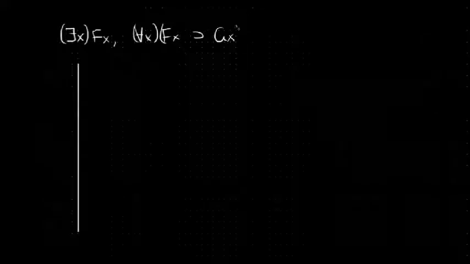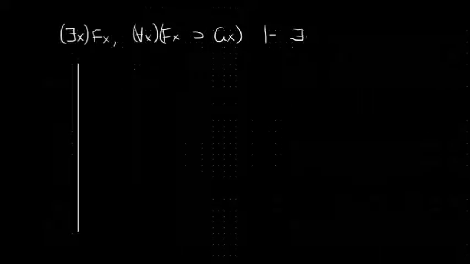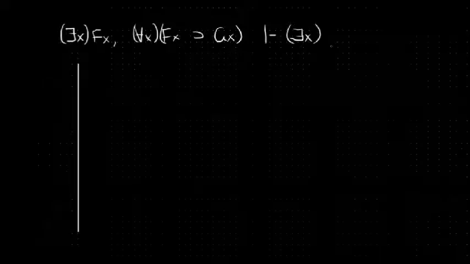So here's our scope bar, and let's suppose that we want to show that if we know that there exists an x such that fx, and we know that every x is such that if it has property f, then it has property g, therefore there exists an x such that gx.